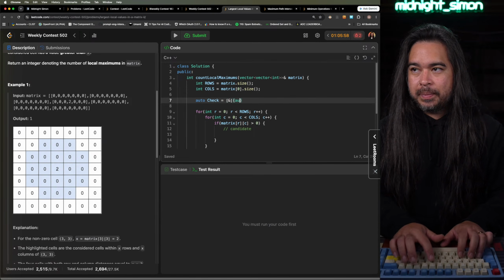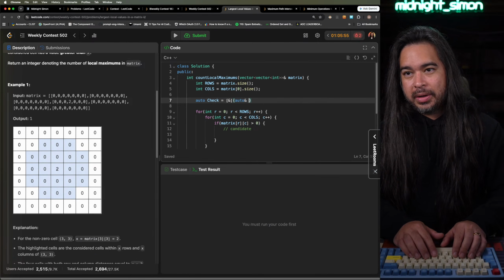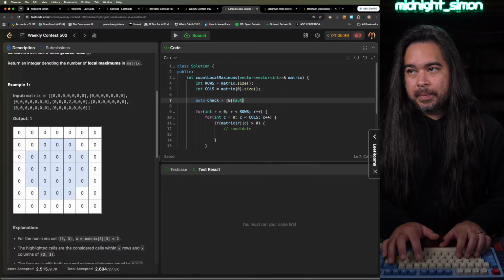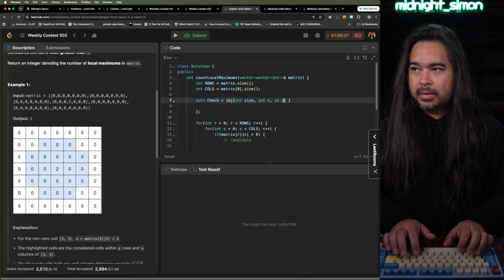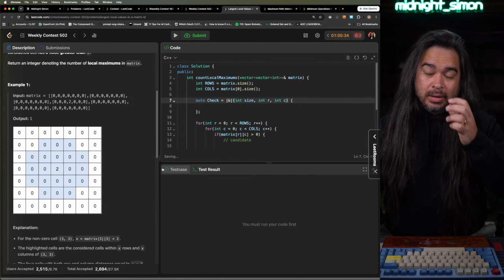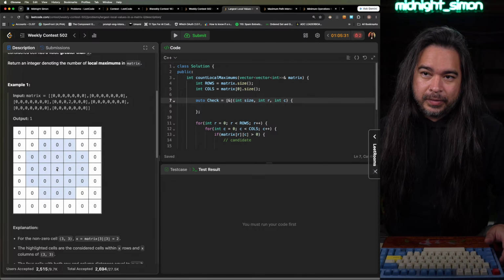So make a function where I guess we get... so this size is 2, so that means we start... I'm gonna skip those corners.